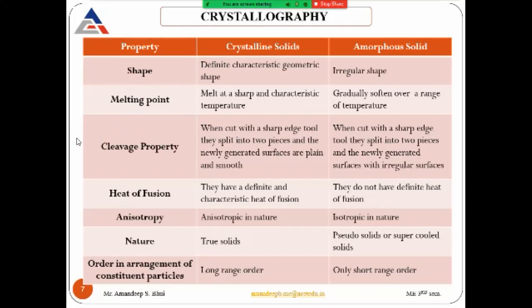Order in arrangement of constituent particles: the crystalline solids are long range ordered, meaning the arrangement of the crystals is repeated through a very long distance, or up to infinity also. Amorphous solids are short range, very short range. So this is the difference between the crystalline and the amorphous solids.